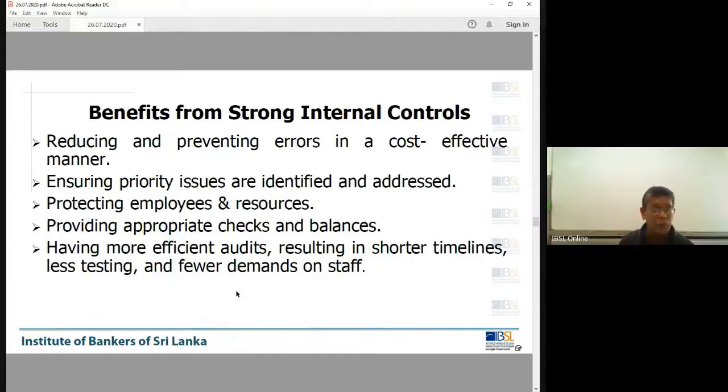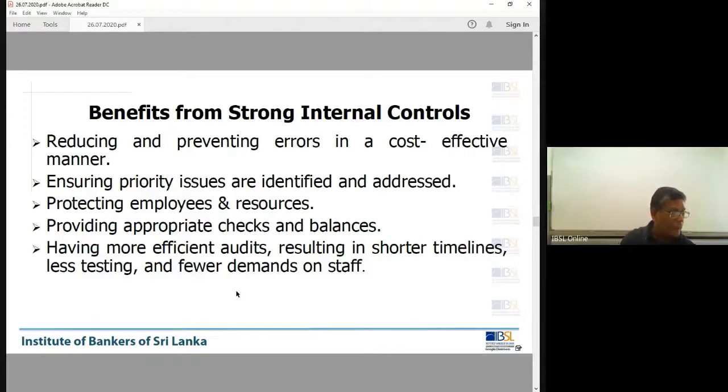What are the important issues we are going to face? And also protecting our employees and resources, and providing appropriate checks and balances. So good internal controls mean audit has done their job. Remember that. These are some of the benefits you are going to get.